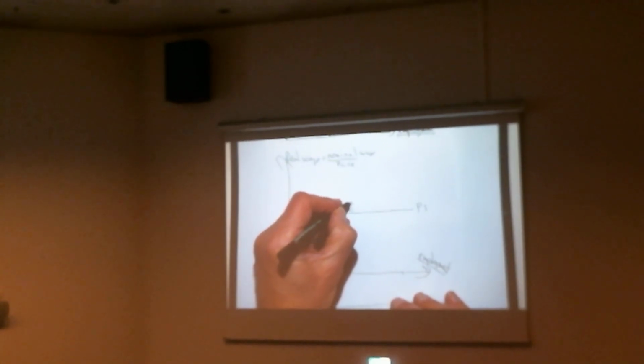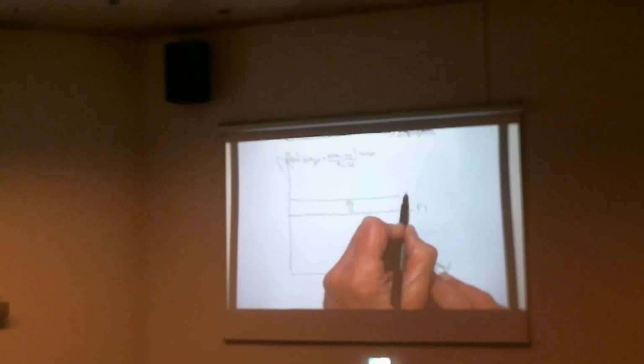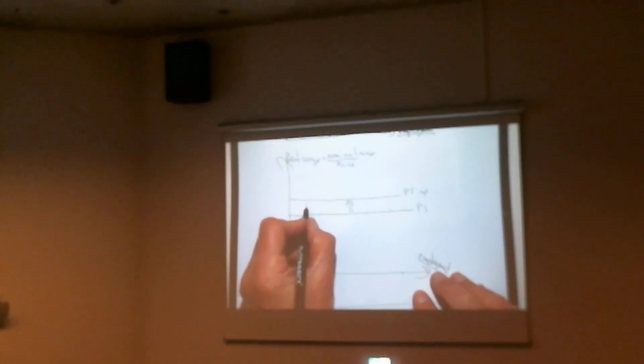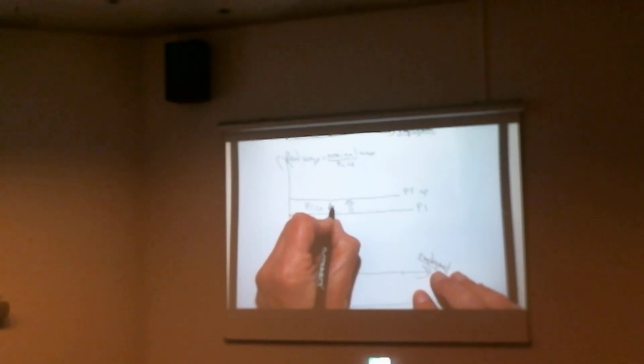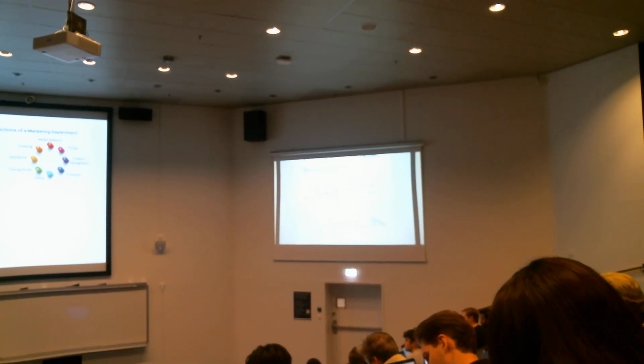Okay, so we shift the PS curve up, but what do we understand? It is because price is down, so we need to look for reasons why they set down the price. Because if price goes down, then the real wage goes up, and that is what we measure here. So what could be reasons?